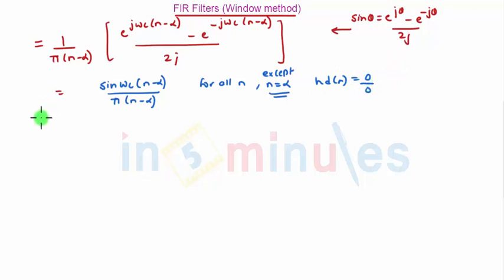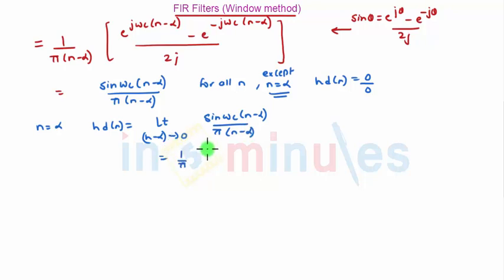So when n is equal to alpha, we use L'Hopital's rule, that is, hd of n is equal to the limit as n minus alpha tends to 0 of sin of omega c n minus alpha upon pi into n minus alpha. We take pi as a common term. It is the limit as n minus alpha tends to 0 of sin of omega c n minus alpha upon n minus alpha.